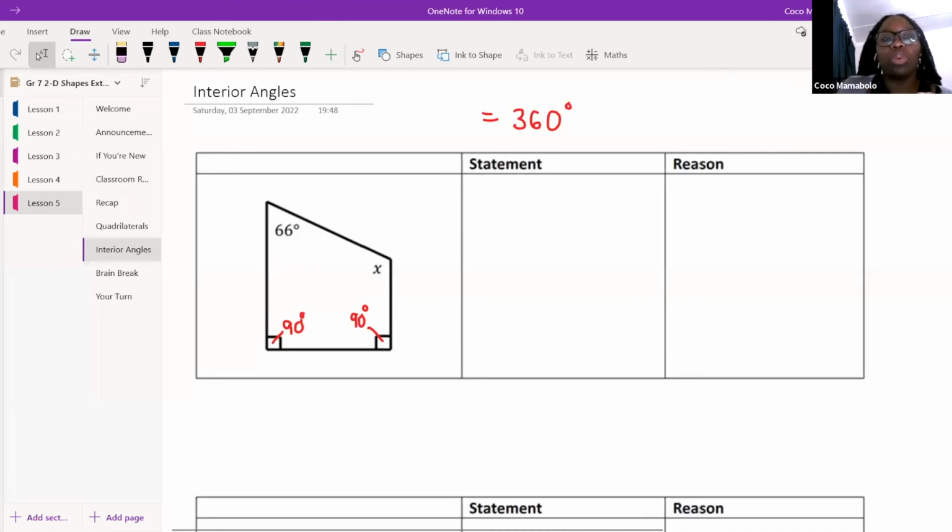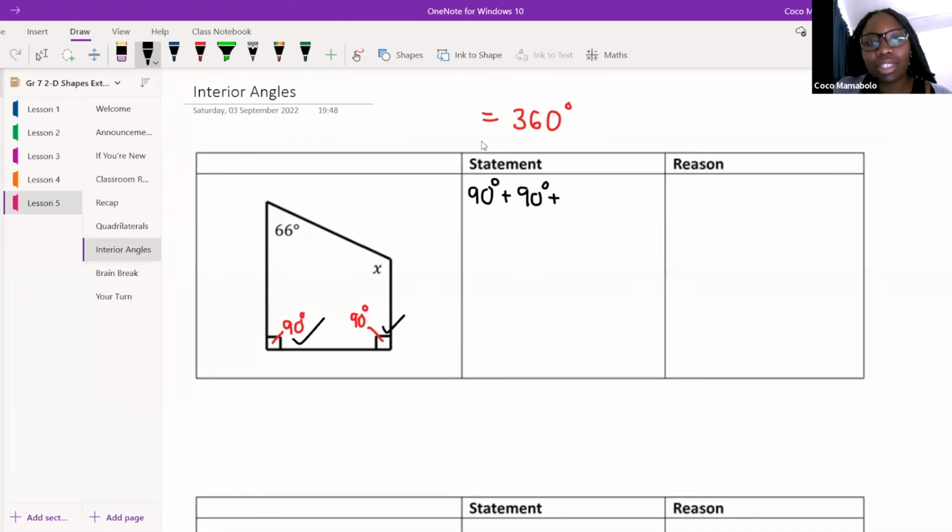Okay, we are going to learn the statement and the reason for the interior angles of a quadrilateral. Now I'm saying triangle. Goodness, I'm saying quadrilateral. Okay. Now this is what we're going to write here. Remember, we are adding all of these angles up. So we're going to start by saying 90 degrees. I'm going to check that one off. Plus 90 degrees. Check that one.